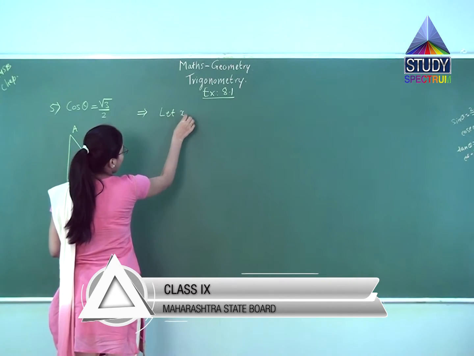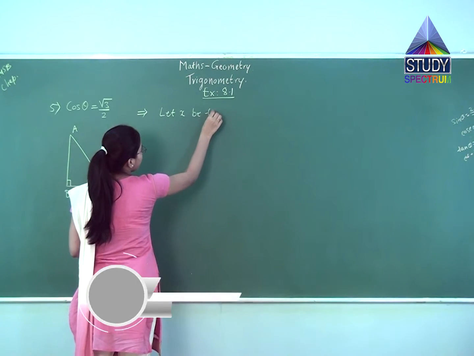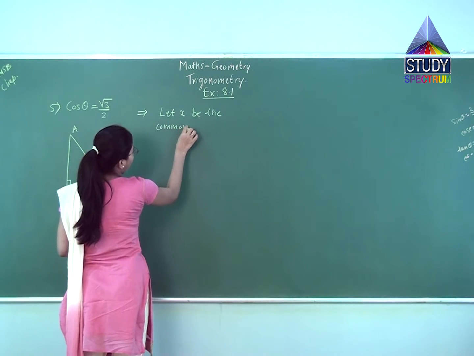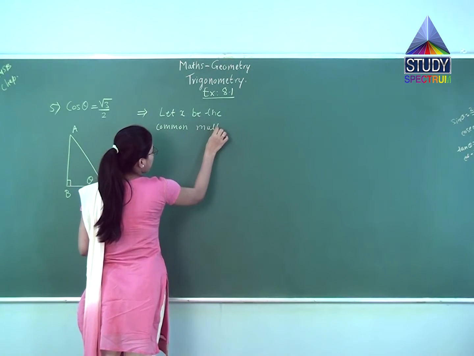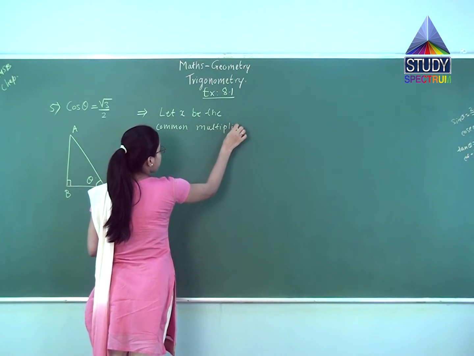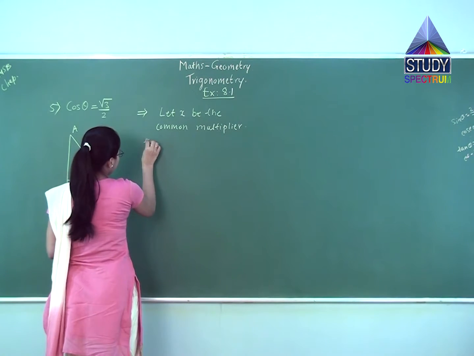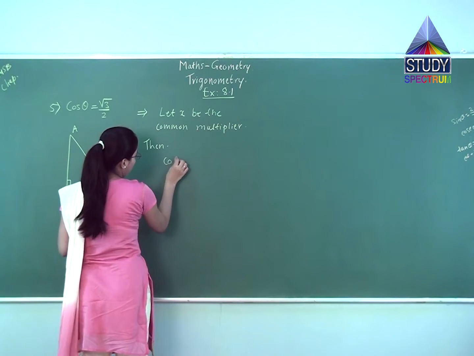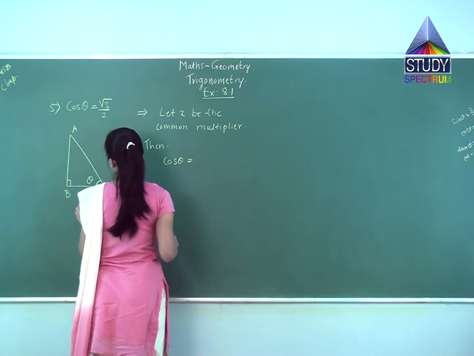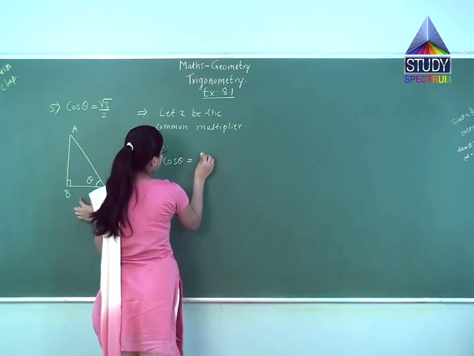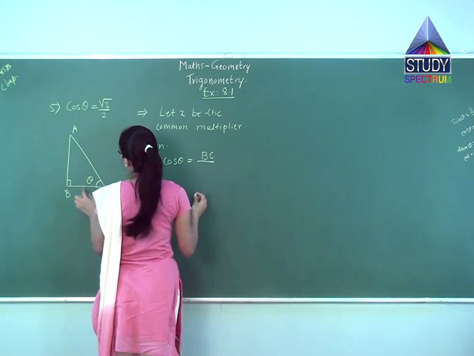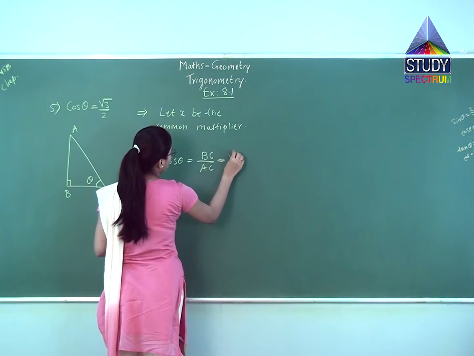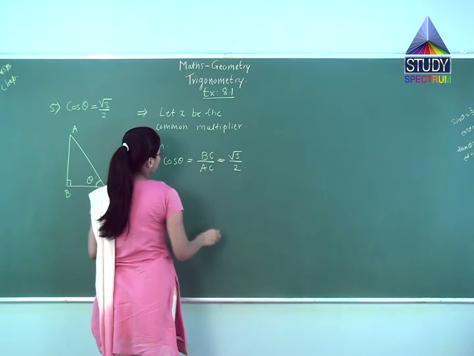Let x be the common multiplier, then cos theta is, let us write down in the formula, adjacent side that is BC upon hypotenuse AC, and this is given as root 3 upon 2.